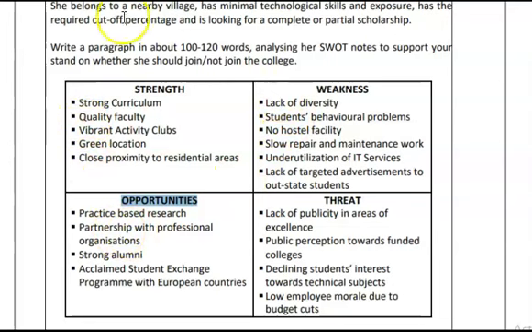Her weaknesses will be lack of diversity, students' behavioral problems, maybe at college, no hostel facility, you have to keep it in mind, slow repair and maintenance work, underutilization of IT services, lack of targeted advertisements to out-of-state students, and threat: lack of publicity in areas of excellence, public perception towards funded colleges, declining students' interest towards technical subjects, and low employee morale due to budget cuts.